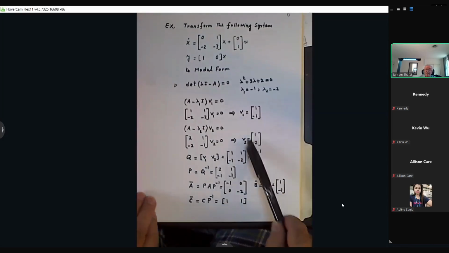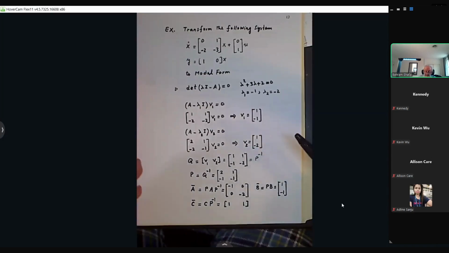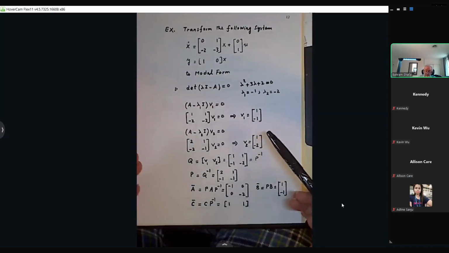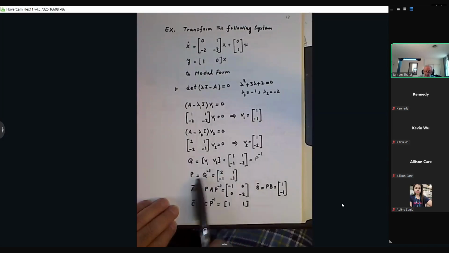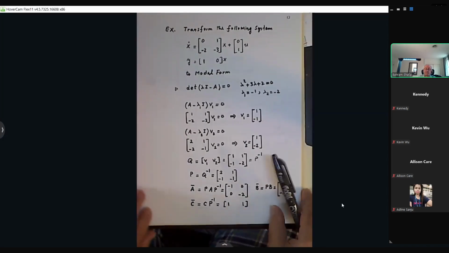The transformation matrix can be defined by the eigenvectors. Since we already talked about the mathematical background, this is the only one that you can transform the system to a modal form by this Q matrix. So when you apply the Q matrix with the inverse of the Q, which is P, then PAP inverse becomes a diagonal form here, and 1 minus 1, 1, 1 here. Okay.